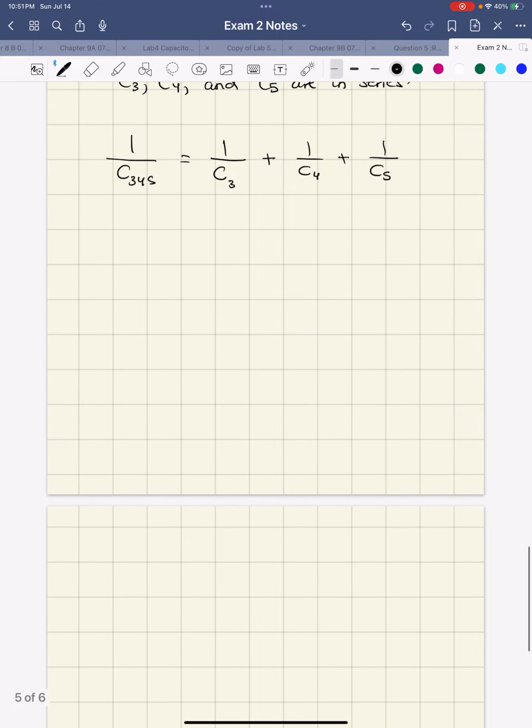Here there is a simplification because of the values, since some of them are the same.